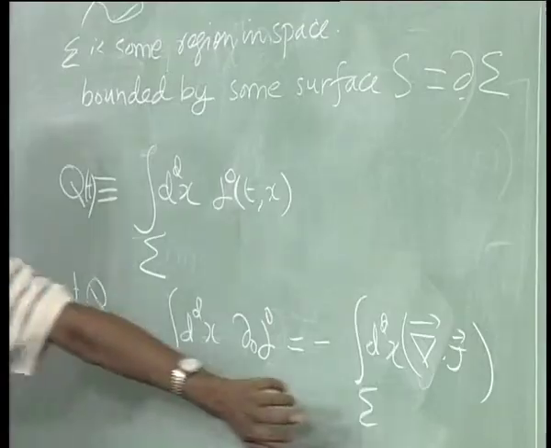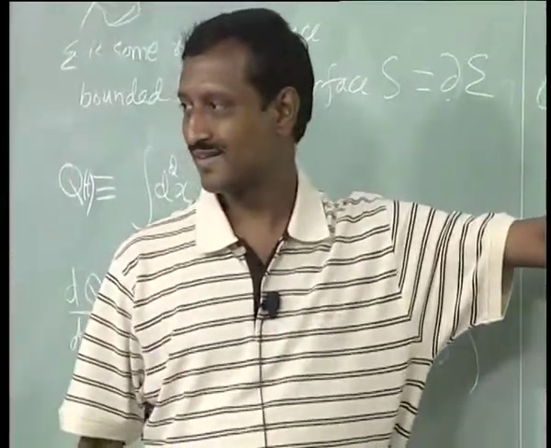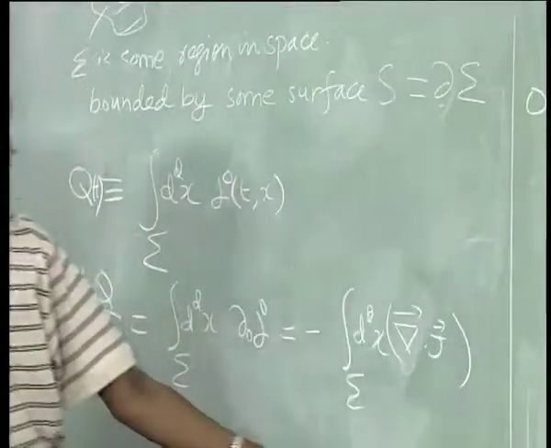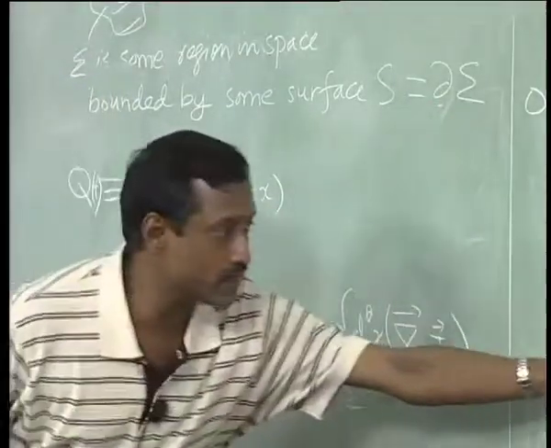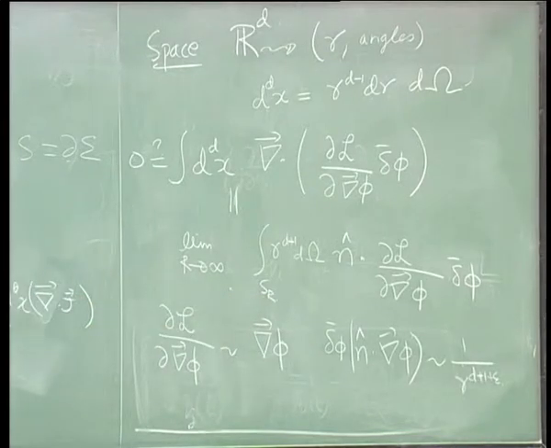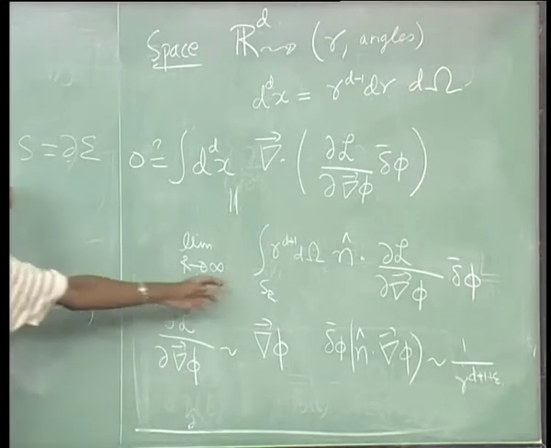Now this is exactly similar to what we had here. You can again do an integration, except here I chose my region to be a ball with a boundary S_R and then took the limit.